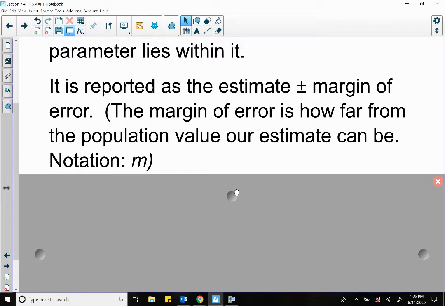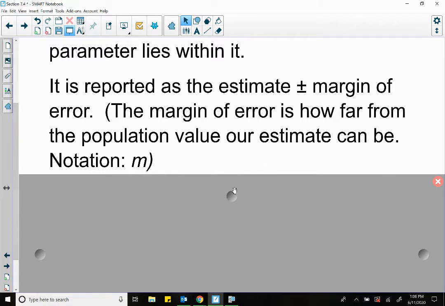And we denote margin of error M. So this is our p hat plus or minus that margin of error, which we denote M. So it's like p hat plus or minus M. All right. And once you figure out that M, it's going to give you a range of values where that population value will lie in. Okay.